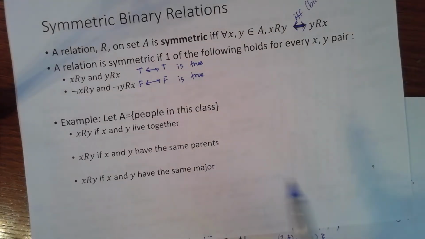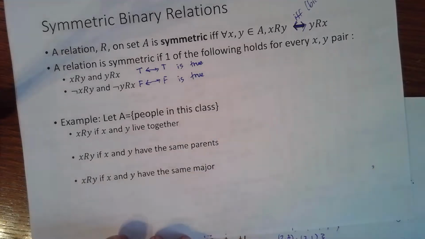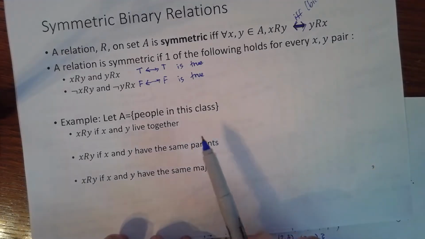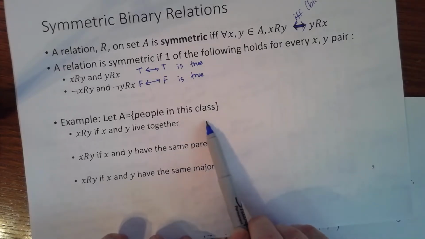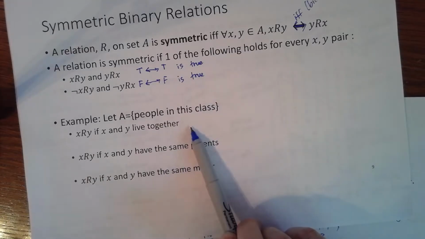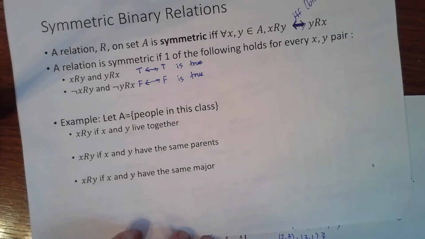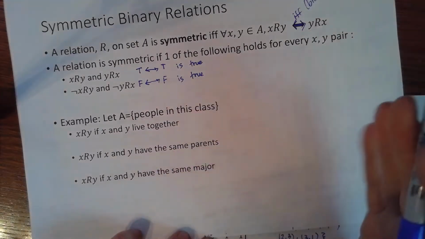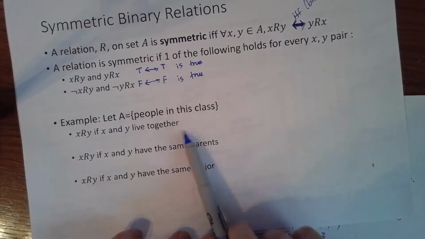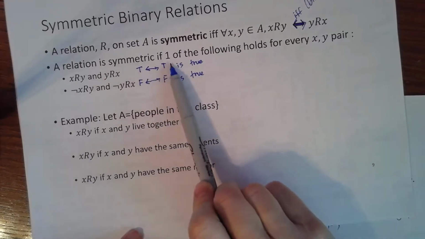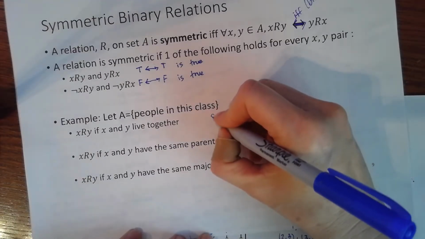So I'm either always going to have people that live together. I'm assuming that Nick and Patrick live together. I don't know that that's true, but I'm just assuming it is. If Nick lives with Patrick, then Patrick lives with Nick. It goes both ways. It's symmetric. Whereas if I think about Josh and Jonathan, if Josh doesn't live with Jonathan, Jonathan doesn't live with Josh. So it's either both true or both false. This is an example of a symmetric relationship.